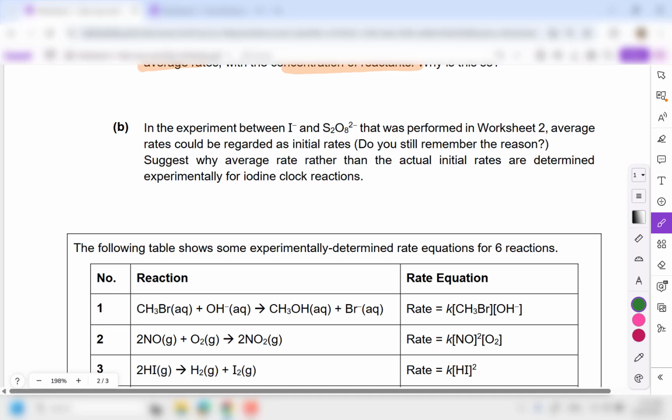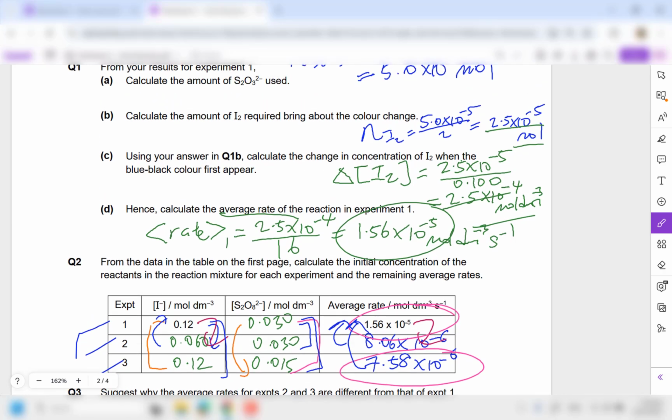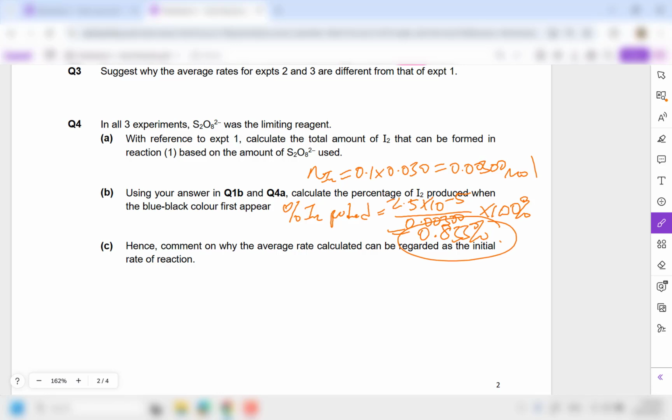So it is more convenient to use the average rates in this case. Why is that the case? Number one, the extent of reaction is very small. I think in worksheet 2 we have done the appropriate calculations. I think it's about 0.8% or about 1%. So the extent of reaction is very small, and because of that, the average rate is a good proxy to the initial rate.